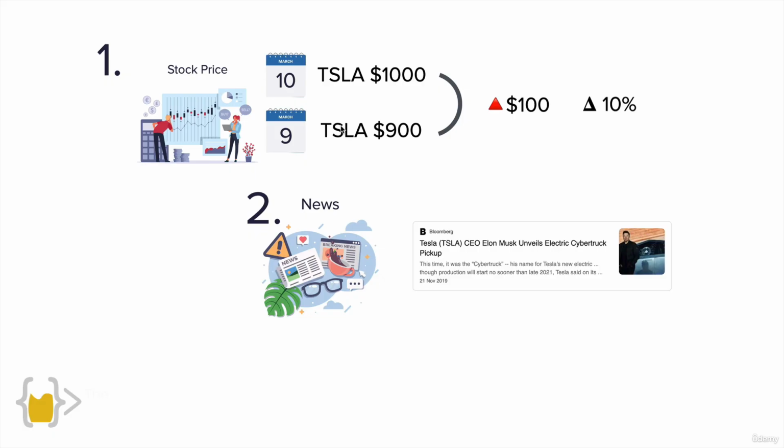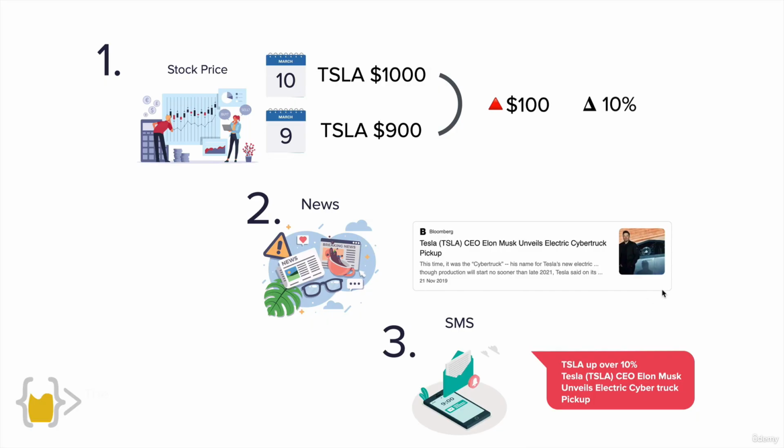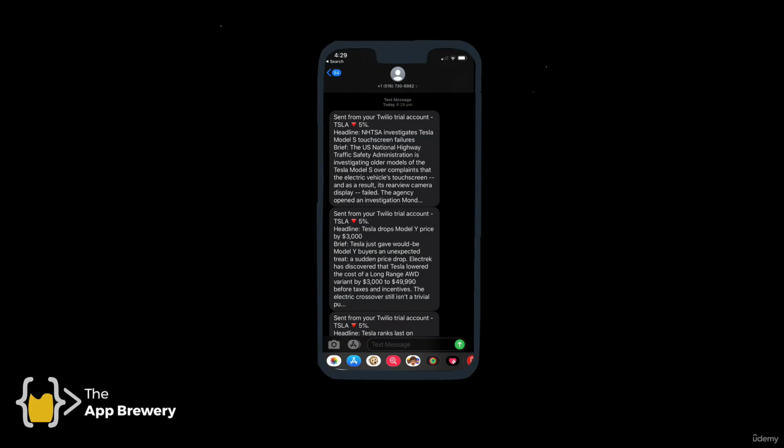Now, once the stock prices have triggered this alert and we've fetched the news data, then we're going to send ourselves an SMS. We're going to send ourselves a message telling us what the big fluctuation was and what the relevant news is, so that we can decide there and then whether we want to sell our stock or buy more. We're aiming for messages from Twilio that look a bit like this.